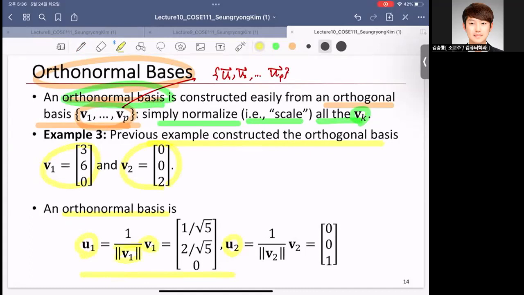So we normalize. Then it is going to be (1 over square root of 5, 2 over square root of 5, 0). u2 similarly is going to be (0, 0, 1). So the orthonormal basis is going to be u1 and u2. That's the way to achieve the orthonormal basis.